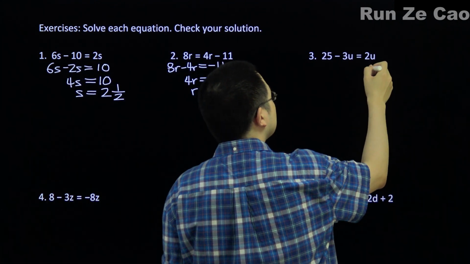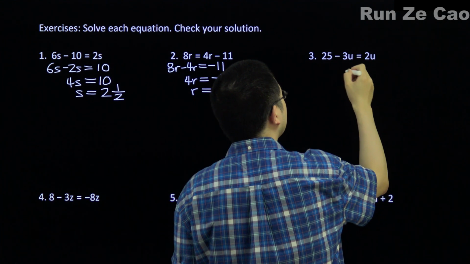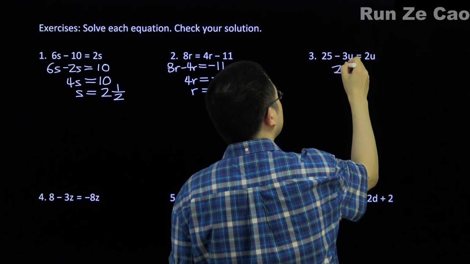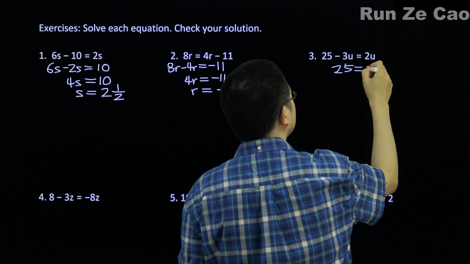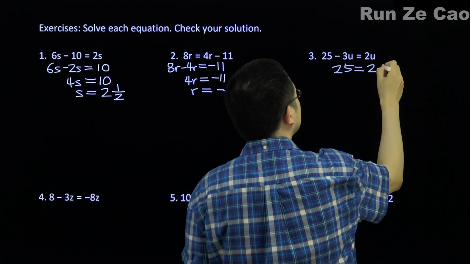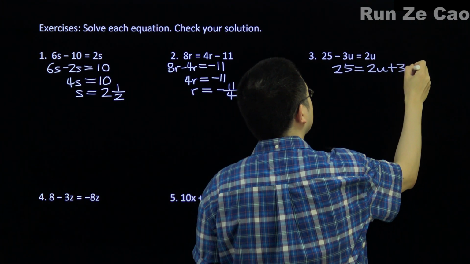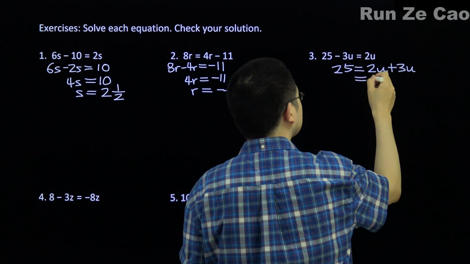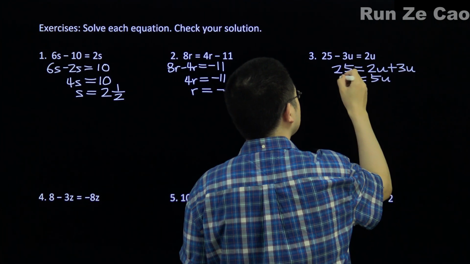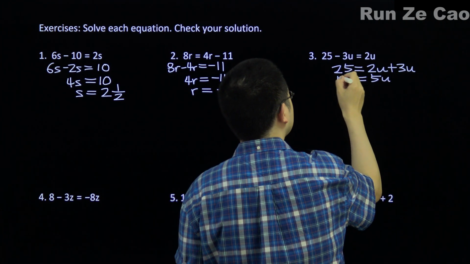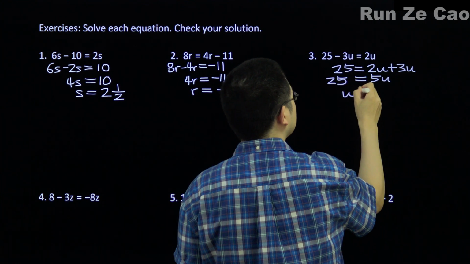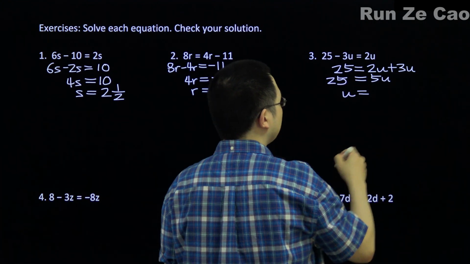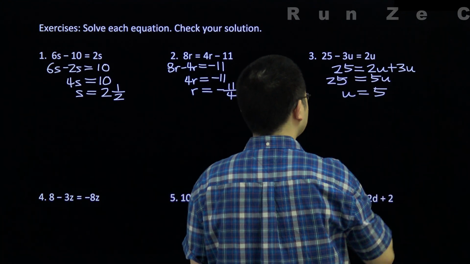25 minus 3u is equal to 2u. Well, that's 25 equals 2u plus 3u. Yeah, I might as well just show it all. So 5u is equal to 25. u is going to be equal to 25 over 5, which is 5.